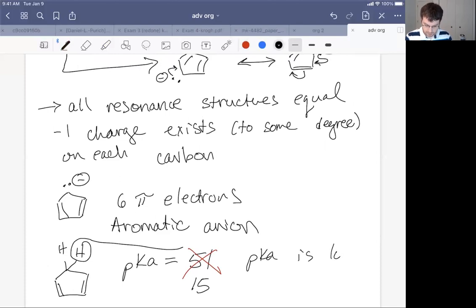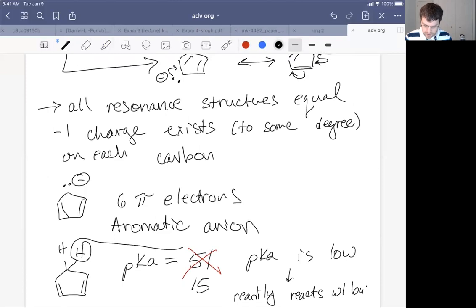pKa is low. Now what that tells us is that it readily reacts with base.